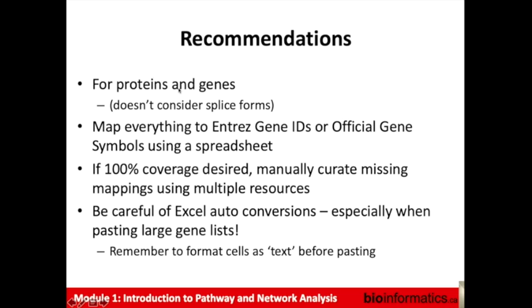This assumes that you're working with proteins and genes, and it recommends to map everything to genes. The reason for this is that the era of genomics and all of the pathway analysis methods that we'll cover in this course, and pretty much all of them that exist, don't consider splice forms. So they don't differentiate between two different forms of a gene.